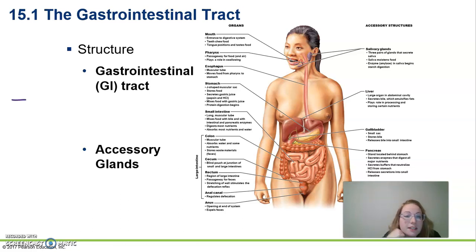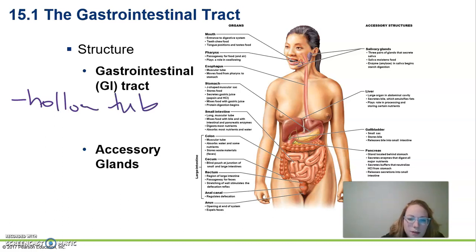So the GI tract, gastrointestinal tract, alimentary canal, hollow tube, mouth to anus. It goes mouth, pharynx, esophagus, stomach, small intestine, large intestine. And that has a lumen or space that food moves through.